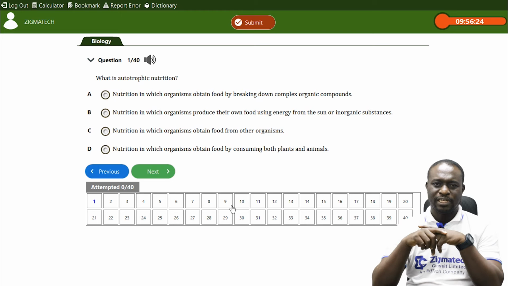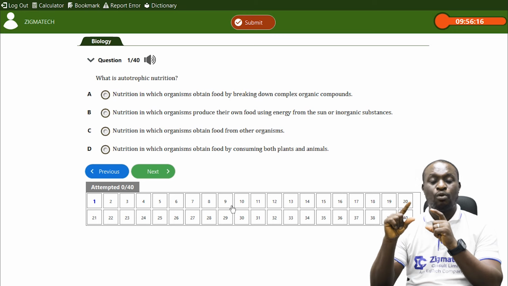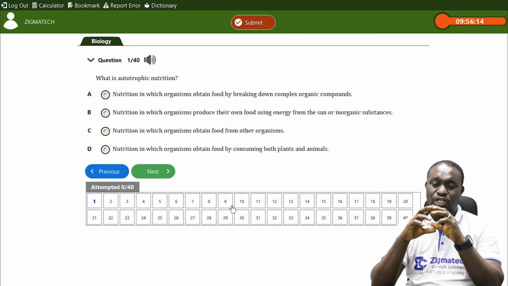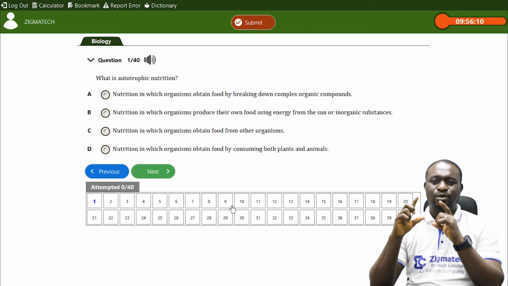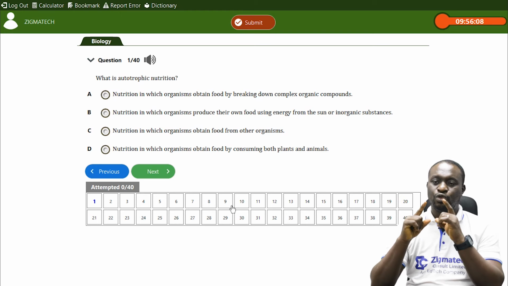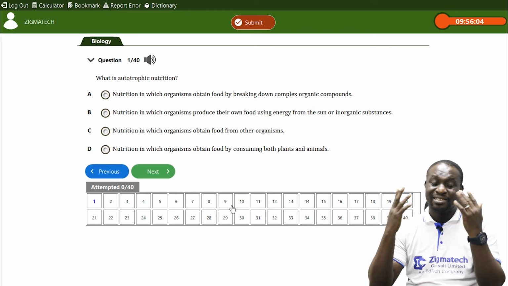Look at option C. Option C says nutrition in which organisms obtain food from other organisms. That's the same thing as option A. And then option D says nutrition in which organisms obtain food by consuming both plants and animals. That's still the same thing.